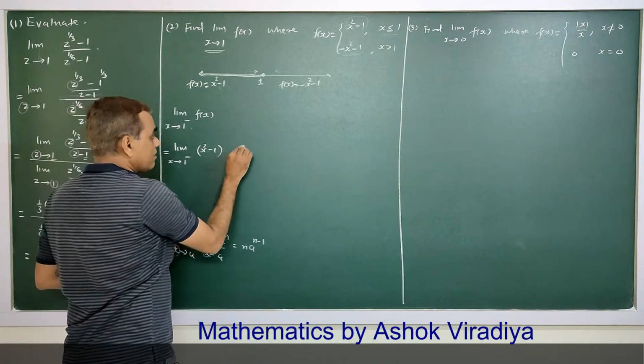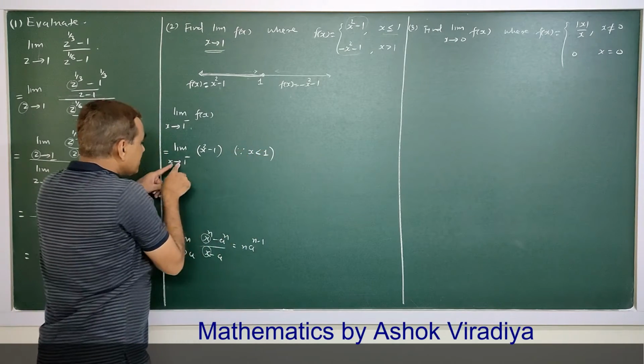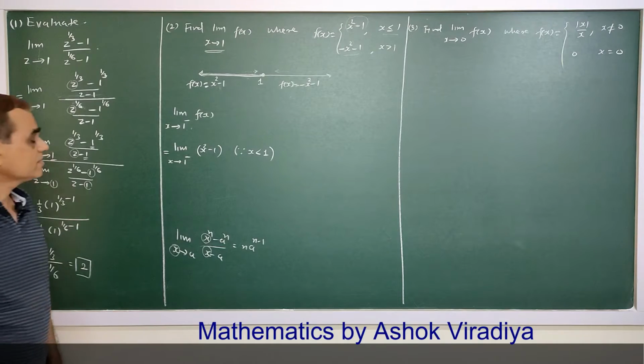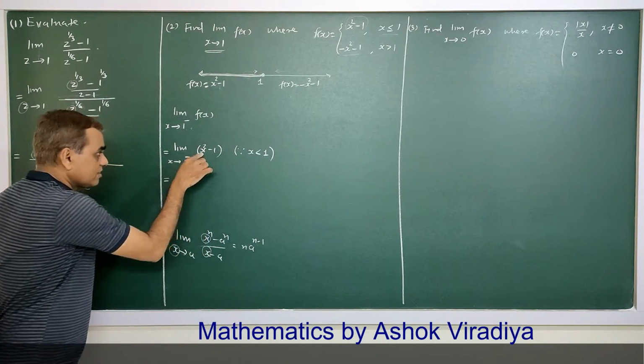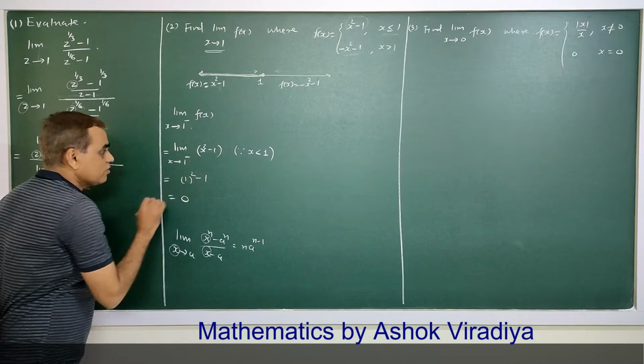Now, putting x equal to 1, we keep 1 here. So 1 square minus 1, that is 0.